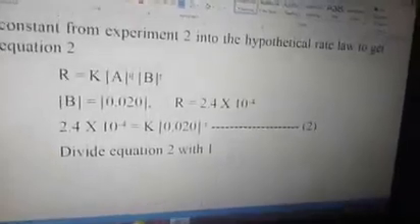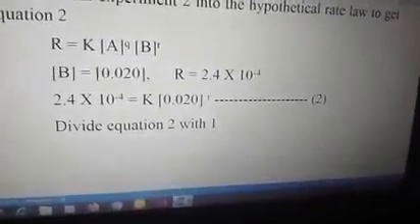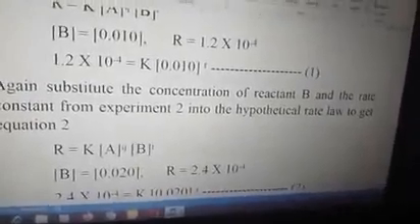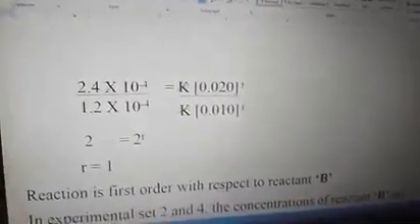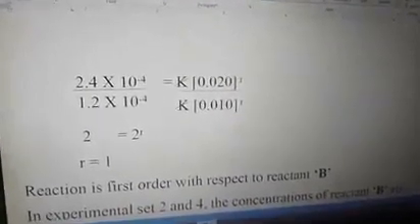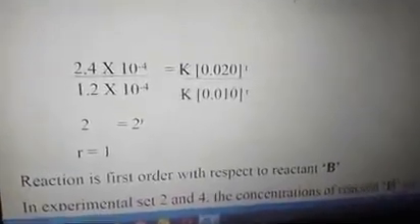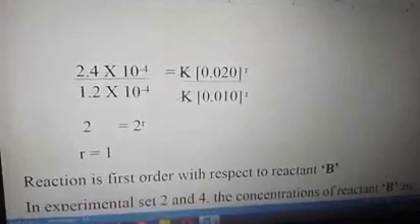We also divide the right hand side: K times 0.020 raised to power R by K times 0.010 raised to power R. Now on the right hand side, K cancels K. 2.4 times 10 to the power minus 4 divided by 1.2 times 10 to the power minus 4 gives us 2, while 0.020 divided by 0.010 gives us 2 also.